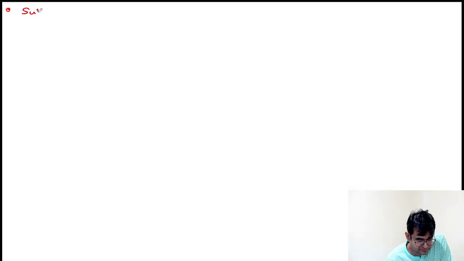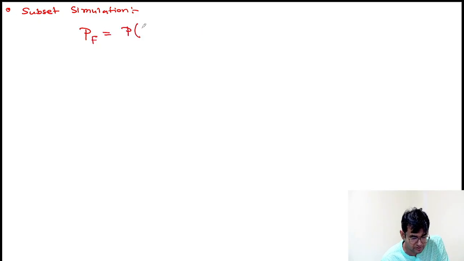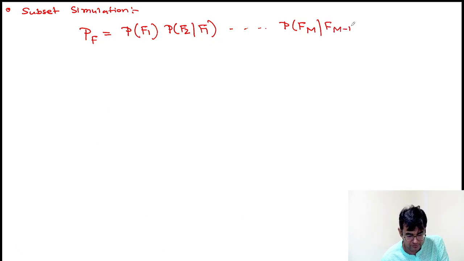So we were talking about subset simulation, and the basic principle is that you write the probability of failure as a product: P(F1) times P(F2 given F1), and so on until P(Fm given Fm minus 1).